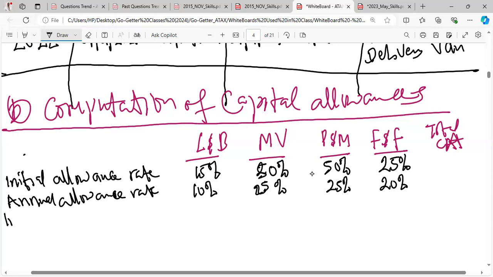Of course, we have your investment allowance rate.